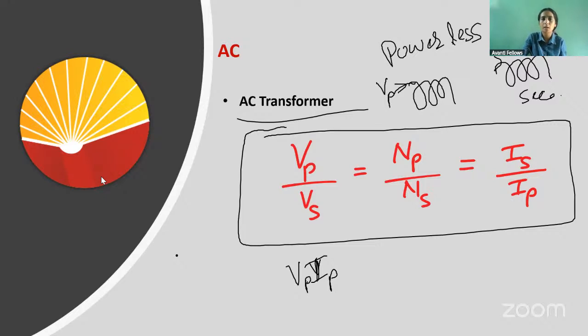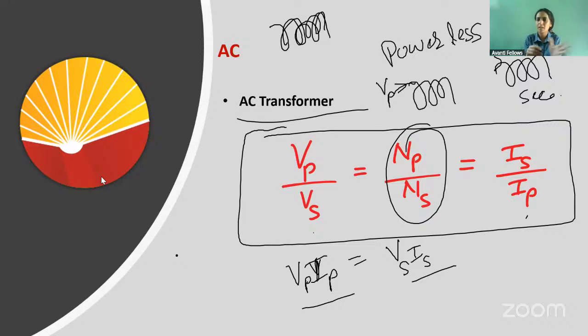You must have studied transformers: we wind the secondary over the primary so that the linkage is strong. So the power across the secondary is the voltage across the secondary times the current generated. If there is no power loss, these two are equal. So VP by VS will be equal to IS by IP.